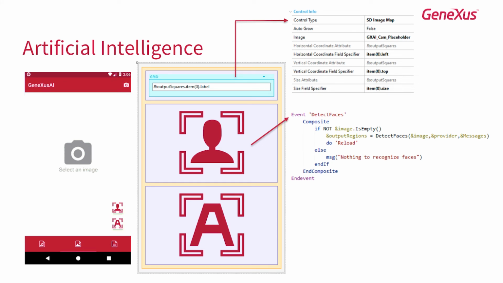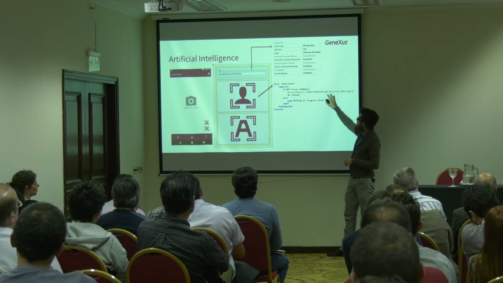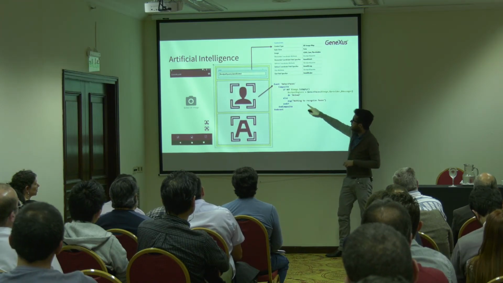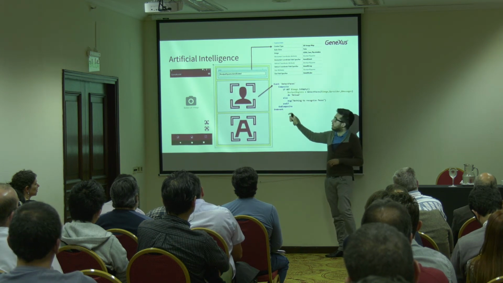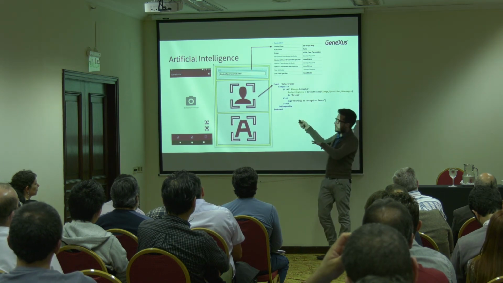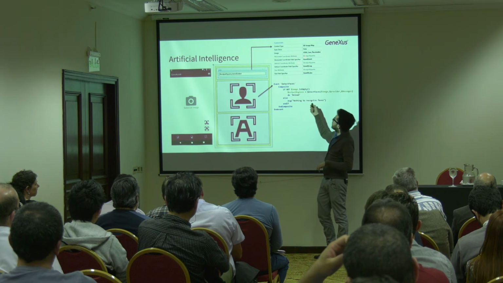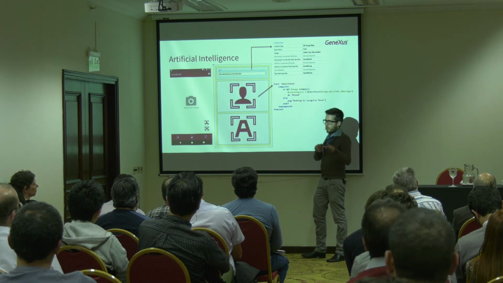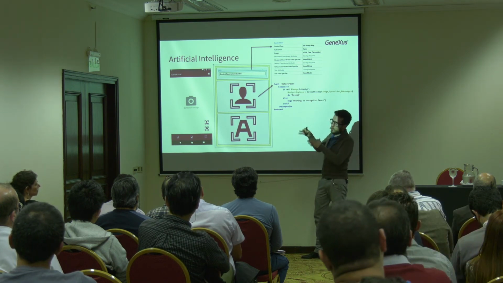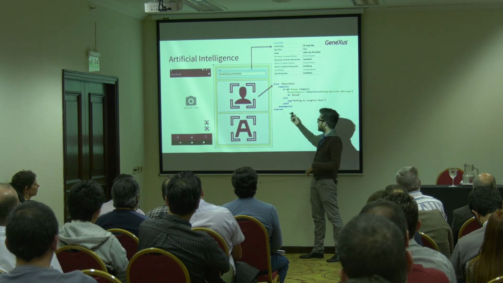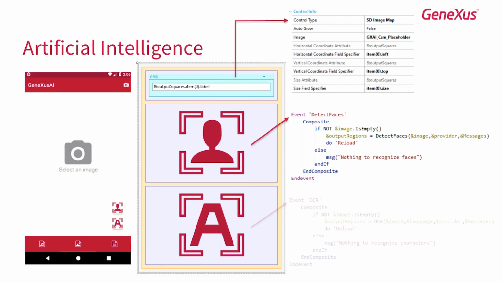And here we have the event when I press this button. When we have the image, we call the method, and we do a reload of this grid. The reload has to do with the control, and maybe it's not for the presentation, but I'm going to tell you about it anyway.